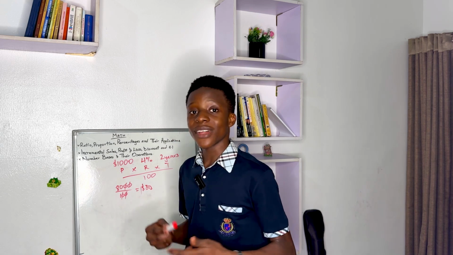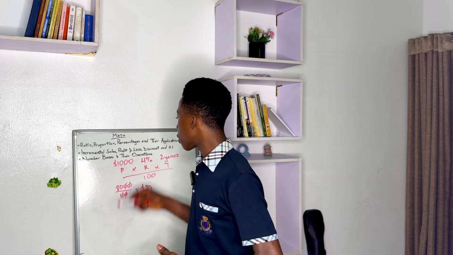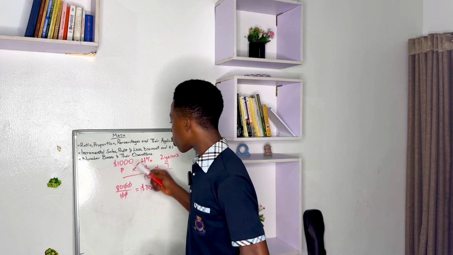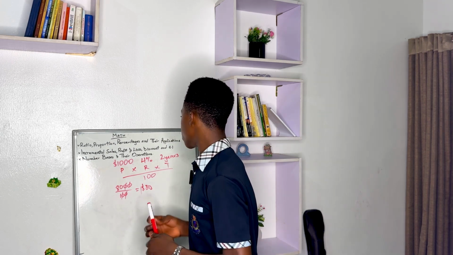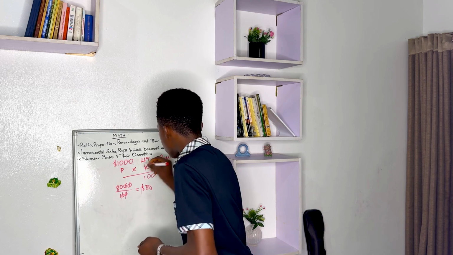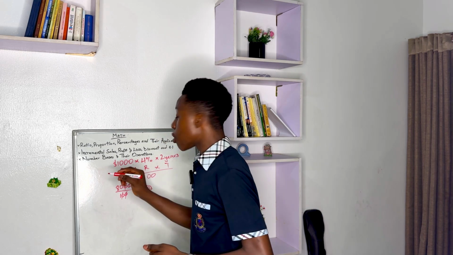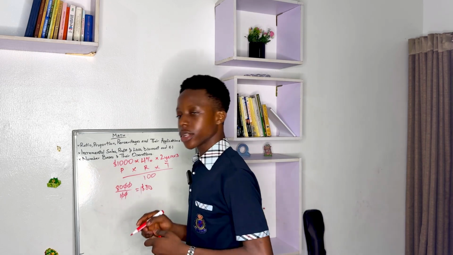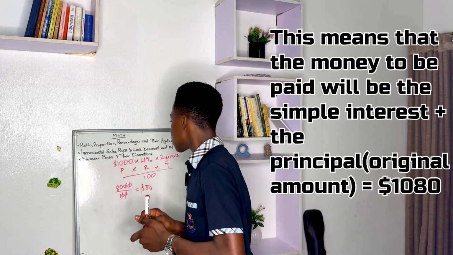So remember that simple interest is gotten from the principal, which was 1,000, multiplied by the rate, which was 4%, multiplied by 2 years. Let me put the multiplication signs there. And then when we multiplied all the values, we got 8,000 and divided that by 100 to give us $80. This is the simple interest.